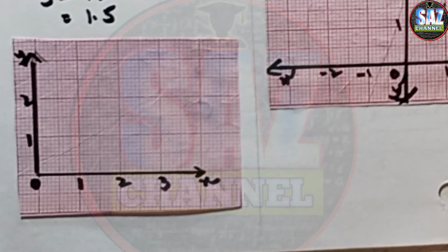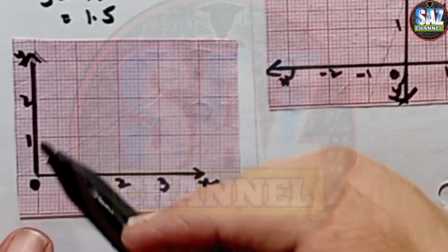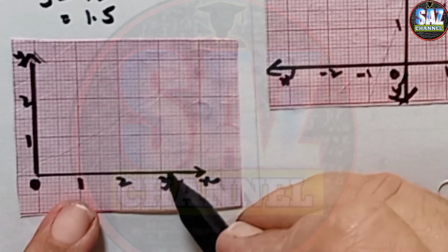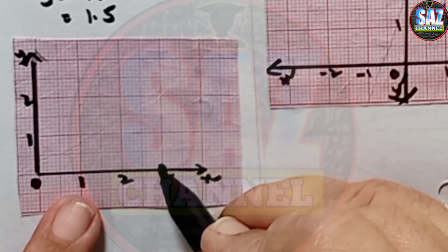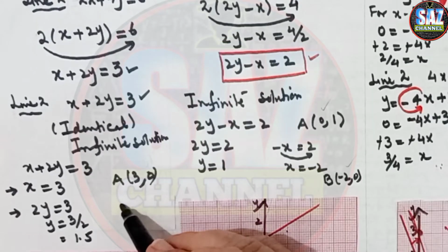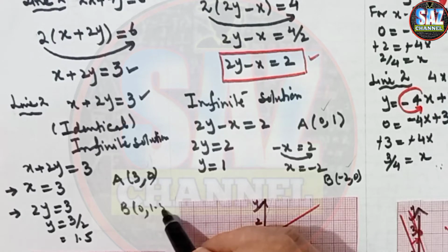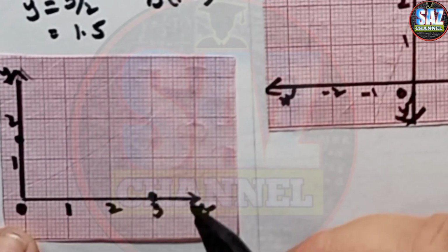Here we have to plot only one graph, because both the lines are the same. When I plot both lines, they come at the same place. The value of A is 3 for both graphs, and the second point B (0, 1.5) will come over here.